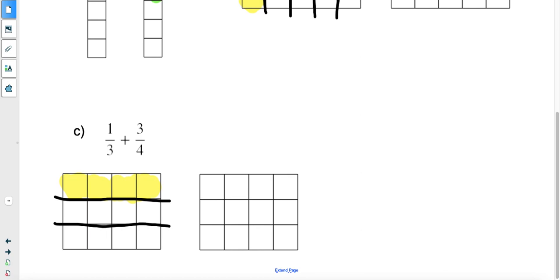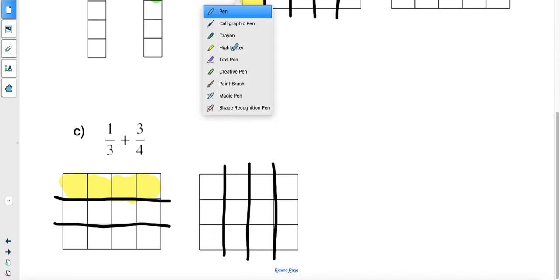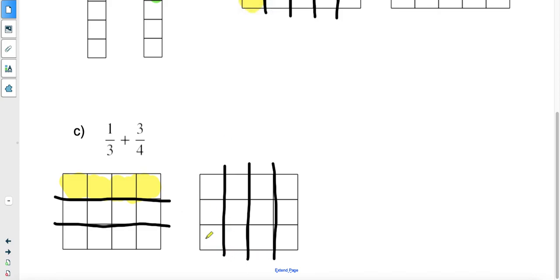And now 3/4, if I break this next shape up into 4 parts, I just need to shade in 3 out of my 4 sections here.